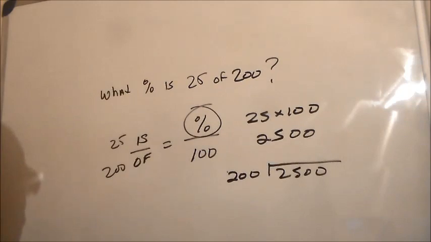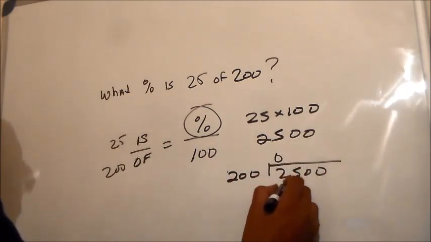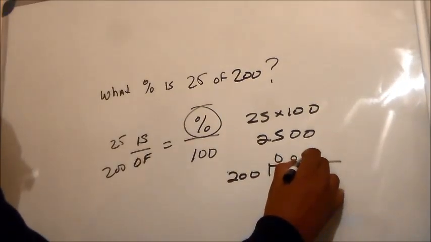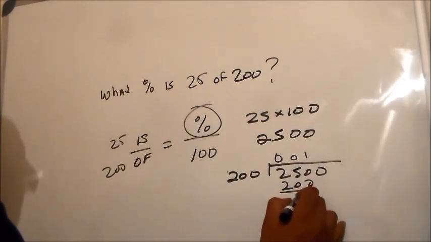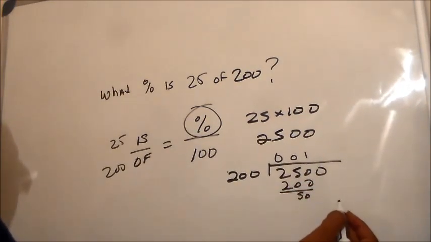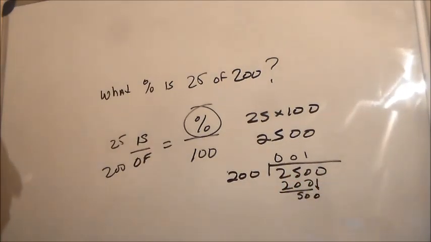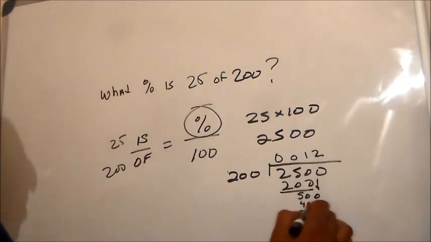Now, there are a couple of quick reference ways I can do this, but I'm going to keep it simple. 200 goes into 2, 0 times. 200 goes into 25, 0 times. 200 goes into 250, 1 time. 50 is left over. We drop a 0, 500. 200 goes into 500 twice, 400.